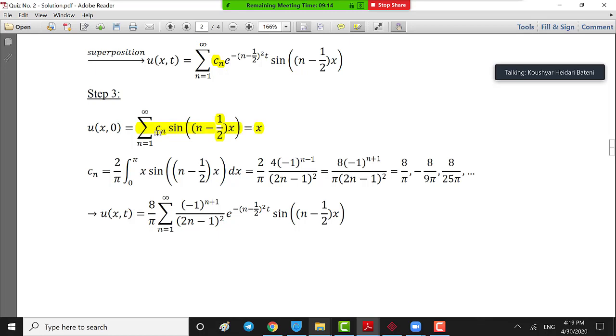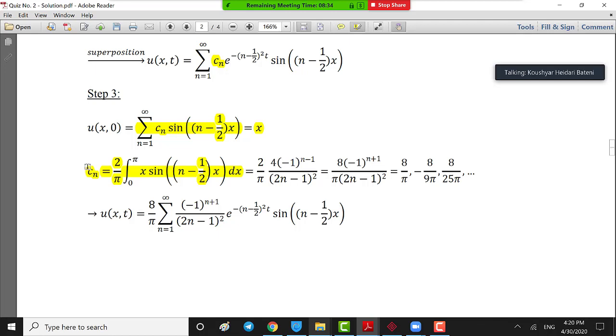Now, finding Cn, we have to write Cn times the integration of sine squared of this dx is equal to integration of x times sine of n minus 1 over 2x dx. So Cn is equal to this. Now I did the calculation in my head and wrote this formula for Cn.